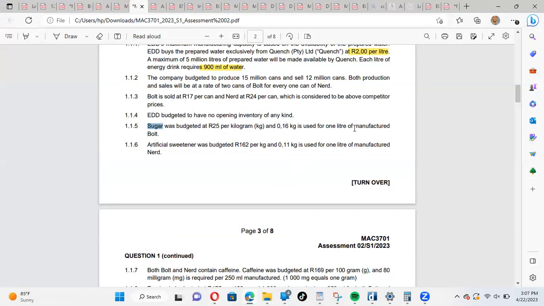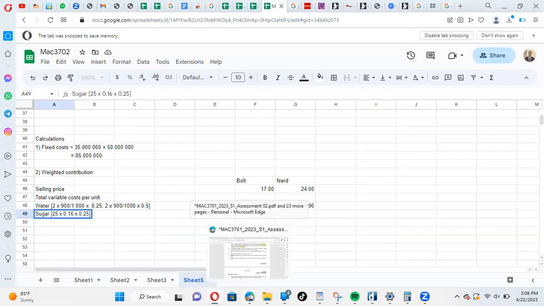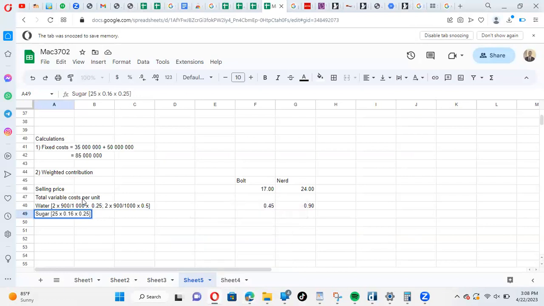Since we are not doing 1 liter, this one is 0.25. The other way you could have done that is to put 250 and then divide that by 1000, which is slightly longer, but still acceptable.